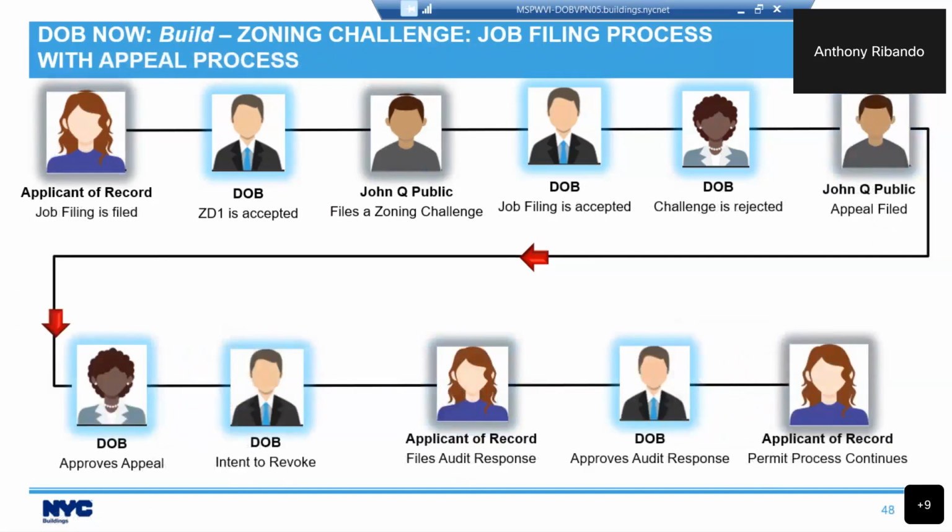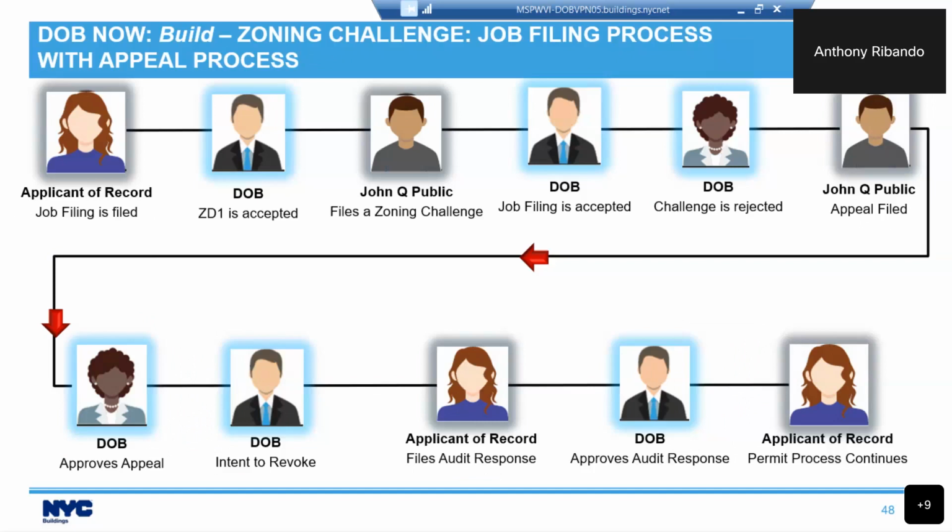And then our last one over here is with the appeal process. This is the job filing with the appeal process. So our applicant of record, once again, will submit a job filing. The DOB will then accept the ZD1. John Q. Public is going to file a zoning challenge. DOB will accept the job filing. DOB will then reject the challenge.